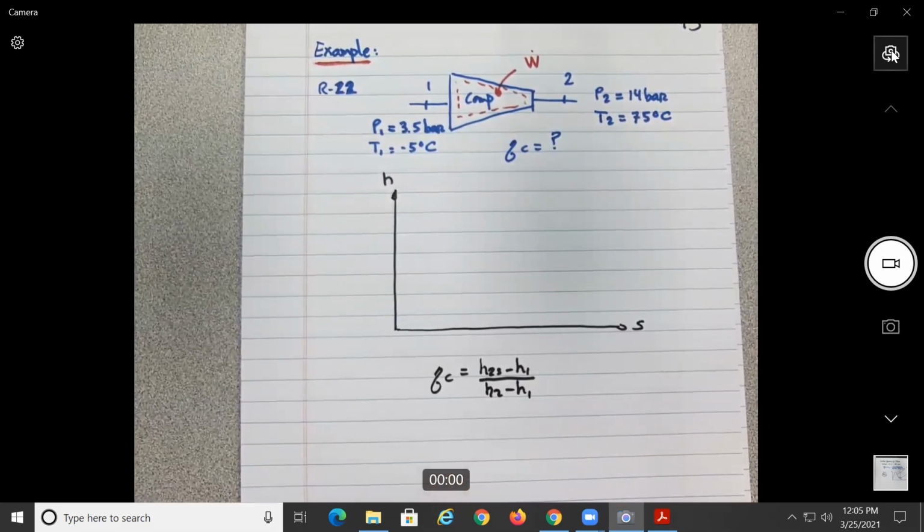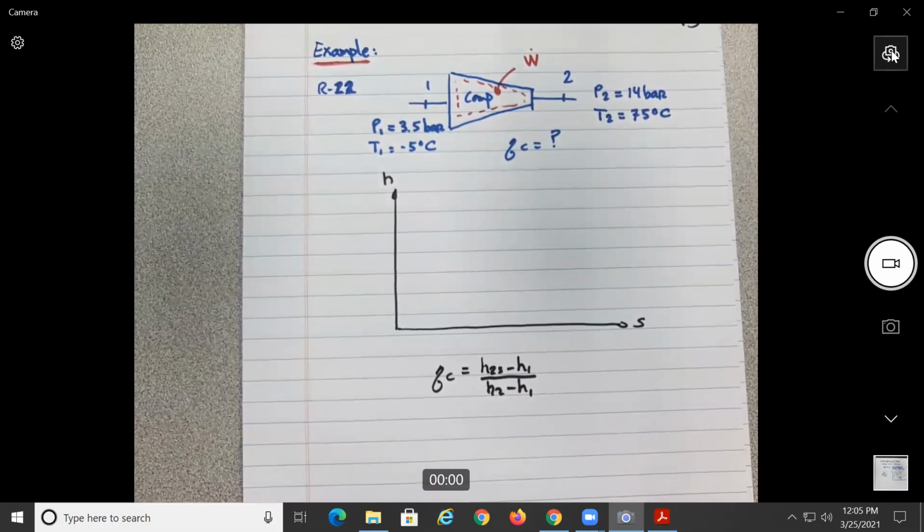Just copy from the previous page. So before doing the figure here, let's go and check the state of the R22.